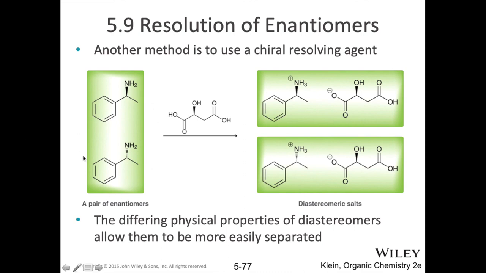So even though you have a racemic mixture, by reacting it with one enantiomer of a chiral molecule, you wind up making a pair of diastereomers. And now this pair of diastereomers has different physical properties that you can exploit.